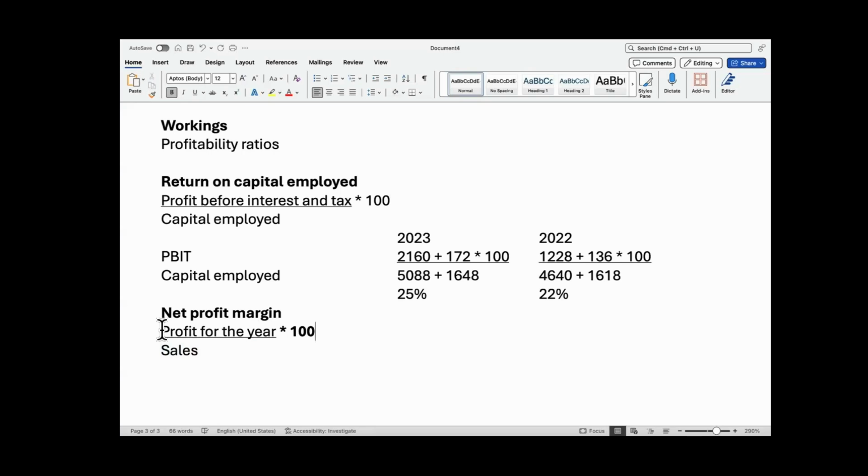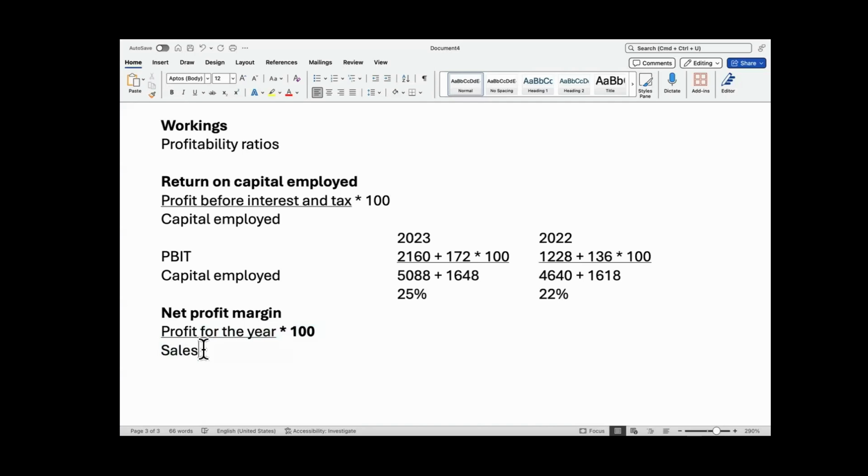And what this ratio measures is the amount of profit that is made on every sale. That is what your net profit margin measures.